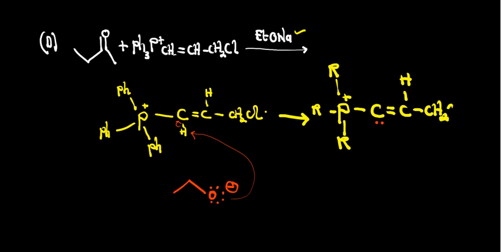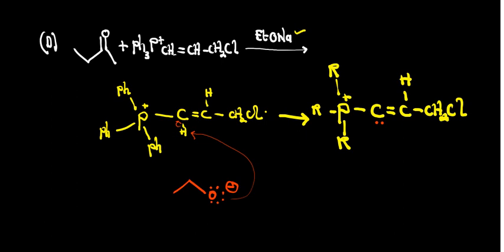What's the next thing we're supposed to do? So now that we know that this carbon here is very negative, and this phosphorus here is positive, we're going to have an attack. What are we having? We've been given a ketone. This is a ketone. So this ketone here now has the ability to attack the carbon here because it is more negative.